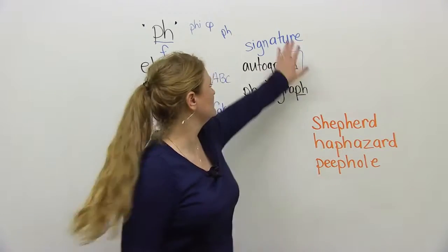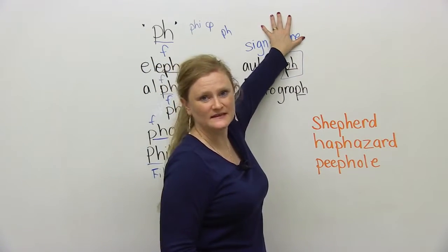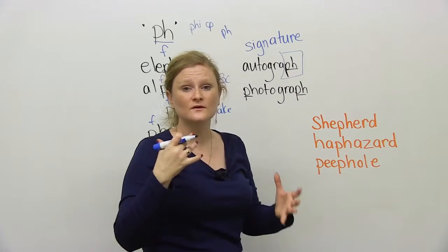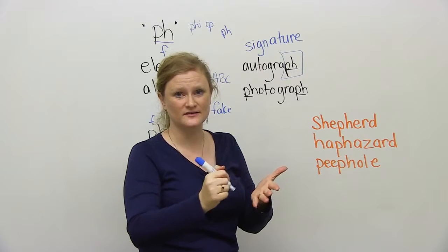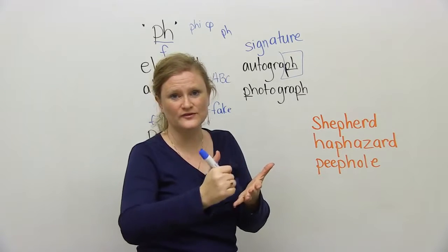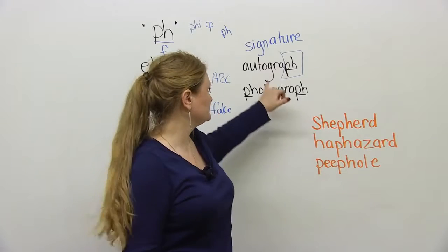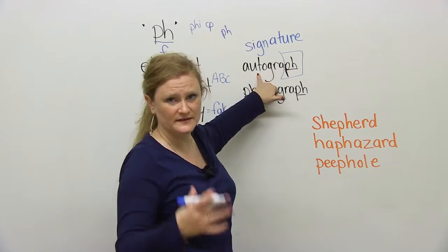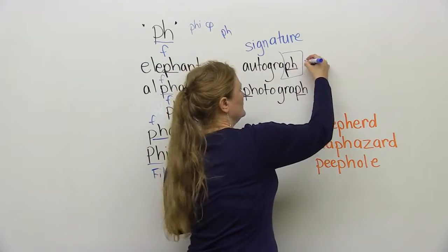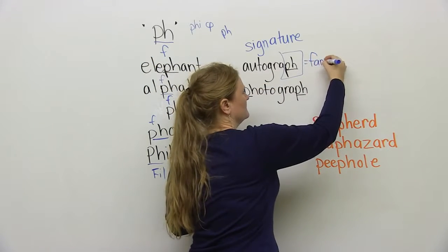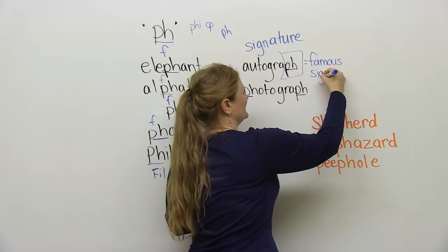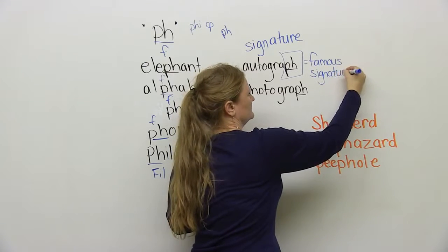So, signature has the word sign in it. A signature is what you and I do when we have to sign something at the bank, or if you have to sign something for a document. An autograph, it is a signature, but it's different because we use this as a famous person's signature.